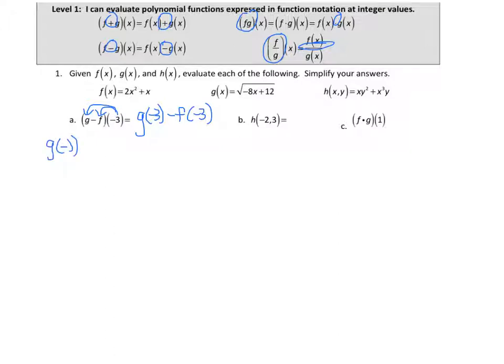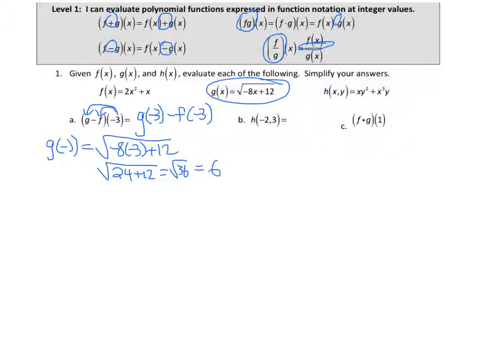I plug -3 into the function g, so I get the square root of -8 times -3 plus 12. And then I either plug it in my calculator or simplify, and that's the square root of 24 plus 12, or the square root of 36, and that's a perfect square. It comes out to 6. So that's the answer to the first part, g of -3.